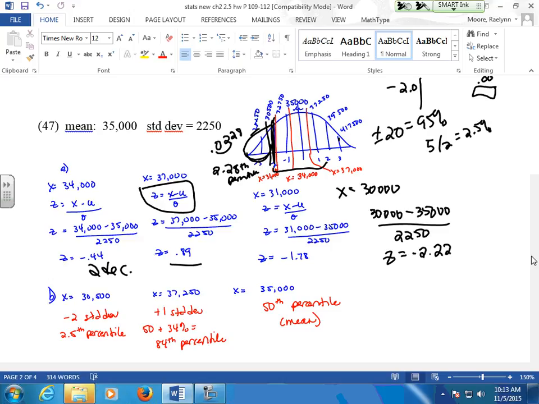So at 37,250, that's the plus 1. If you want to know how much is here, you automatically have 50%. From here to here, you would have to say plus or minus 1 is 68%. What's half of 68? 34. So 50 plus 34 is 84 percentile. There's your 84th percentile. Now, look it up in your table as well.